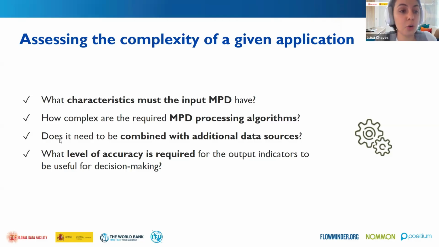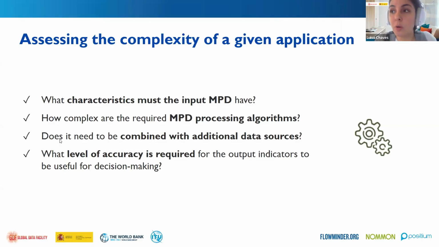So we are sure that the information that we receive is capable of generating the information that we need for our policy application. Second, how complex are the required mobile phone data processing algorithms? This impacts directly on the technical capacity of the team that we need to have to transform this data into information.